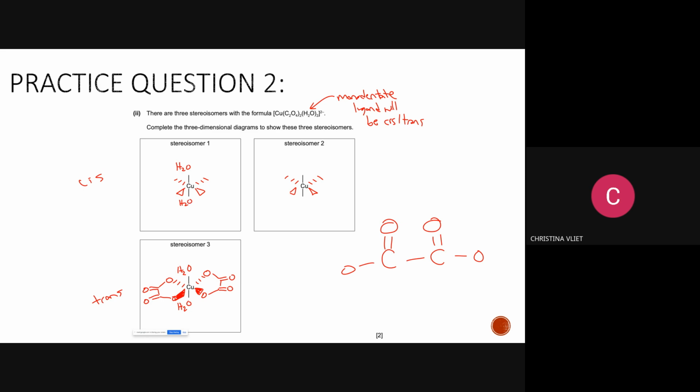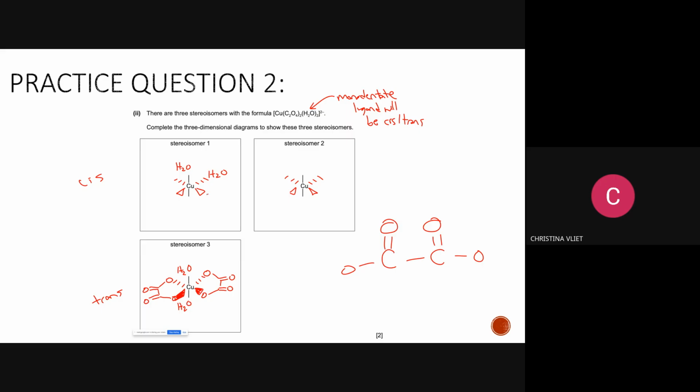Oh no, that's not right. I need them to be next to each other. So where would I put the second water? It could be any of these 4, but I would put one of the 2 at the top just because it's easier to visualize, but it can be any of the 4. I want to make sure my bidentate groups are next to each other. So I would put my water, for example, here. If I do it that way, how would I write my bidentate groups?